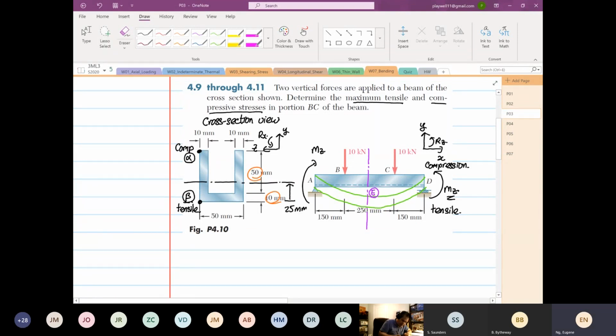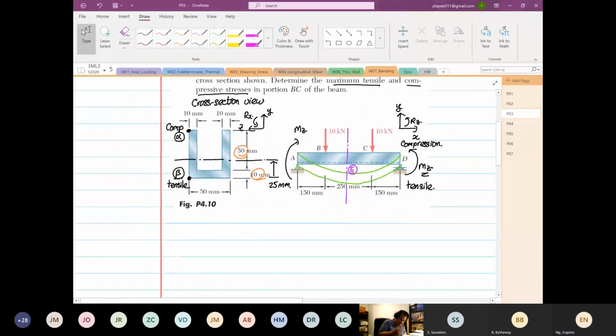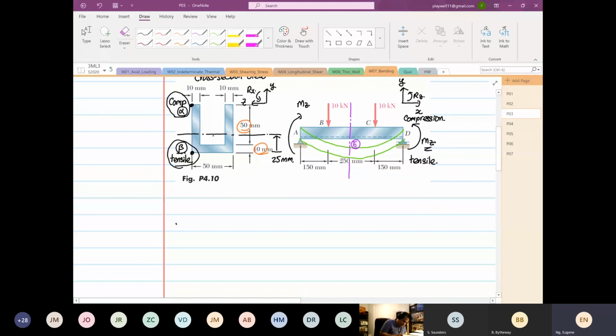Based on our analysis, we know that point alpha will be maximum compression, point beta will be maximum tension, because if you look at the formula, stress X is equal to MZ over IZZ multiplied by Y, and the Y is measured from the centroid.